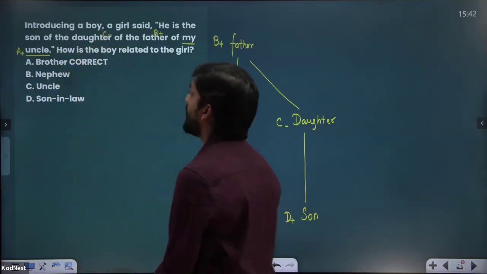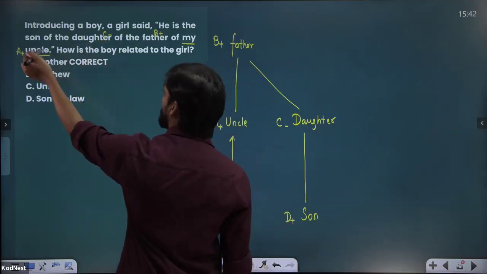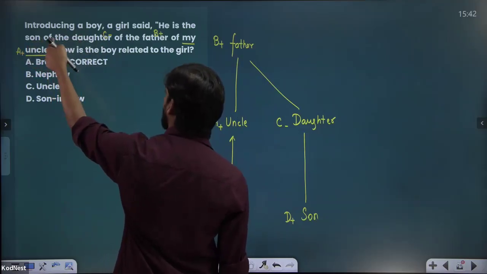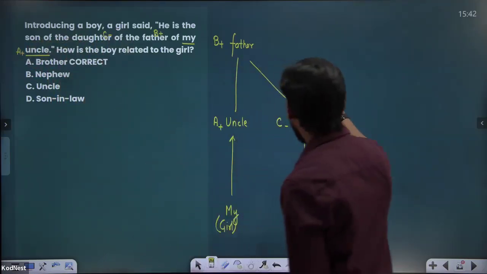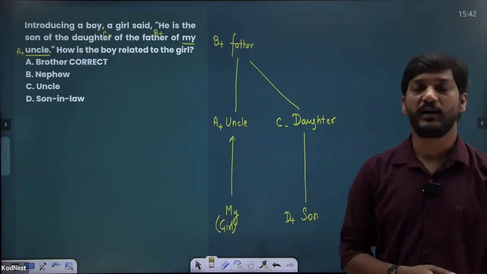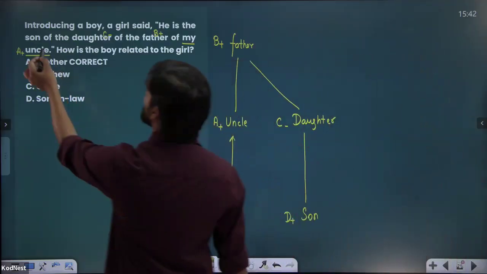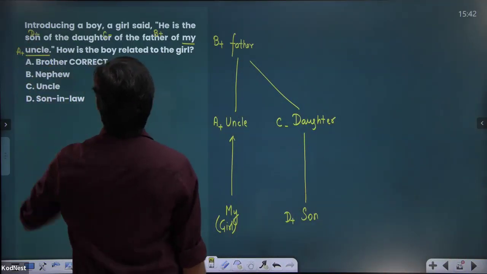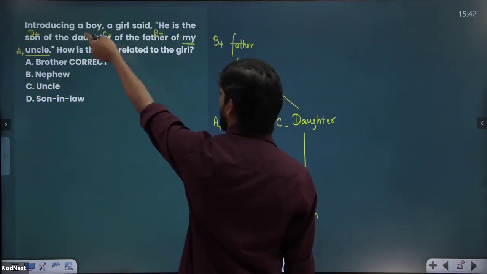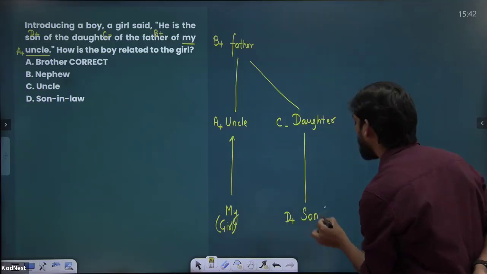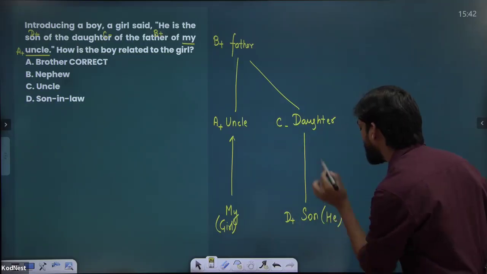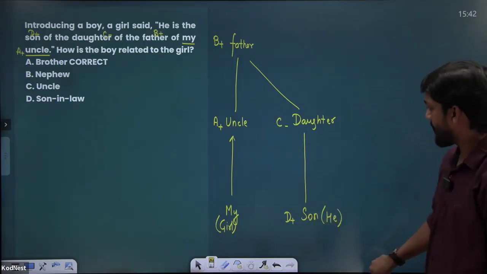Now we have to take son of the daughter, son of C minus. So son of C minus we are taking this way, D plus. So son is represented as D plus. And he is the son. That person is he. All right.